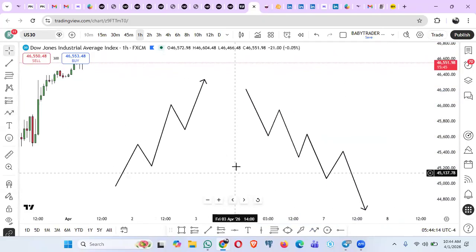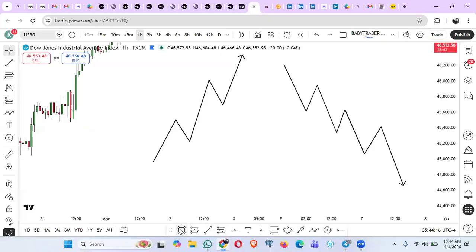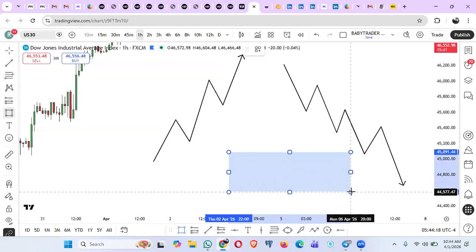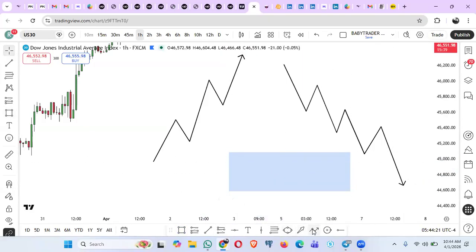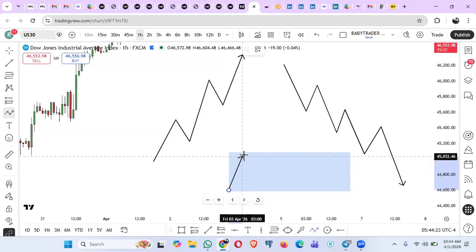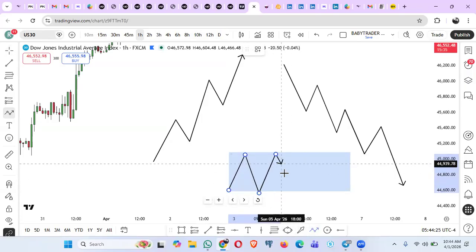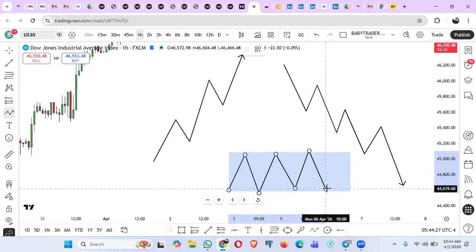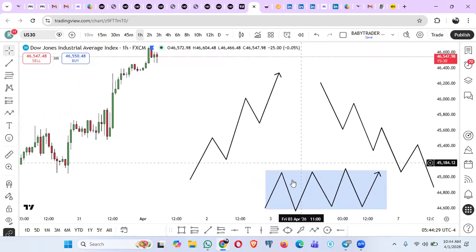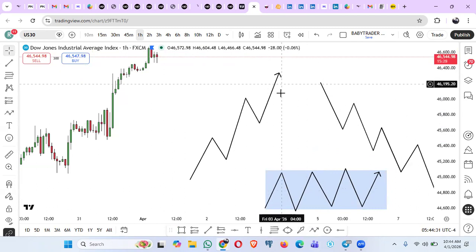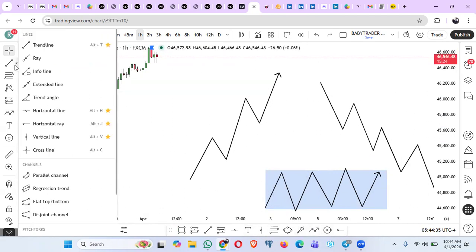Then your ranging market is sideways, which we hardly trade. So this one now is your trend, your bullish trend here.